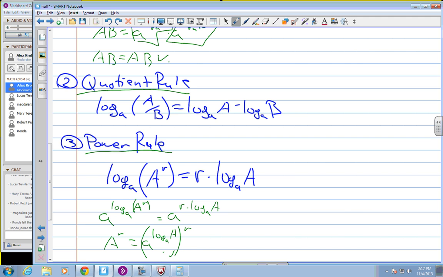Well, you can say that there's something dealing with powers. But I like to think the reason why number 3 is called the power rule is because it's powerful. This is the most important rule of them all.